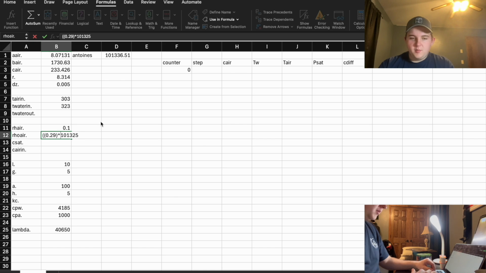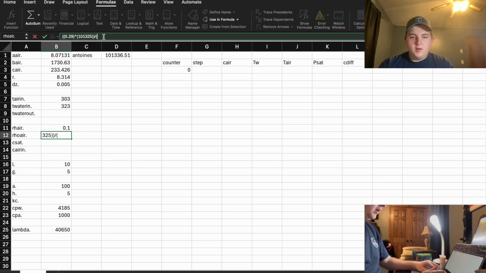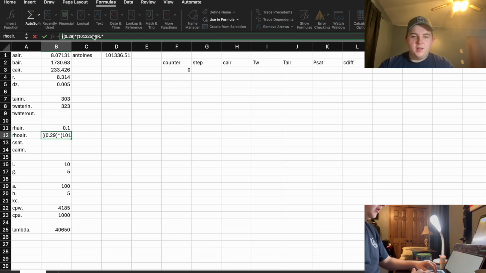I just know this is going to mess up, so I'm just adding them now. Then we're going to have that divided by our R dot times our T air in. Oh my gosh, I need to stop doing it. Oh, it's probably because I don't have an equal sign. That's why I can't do it.